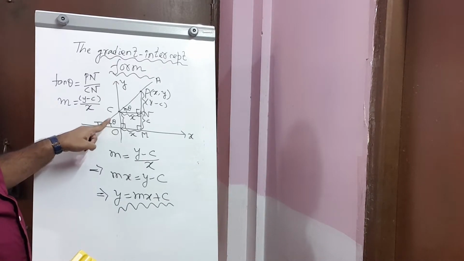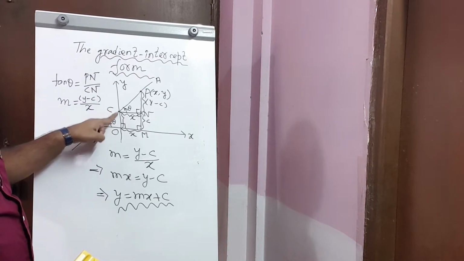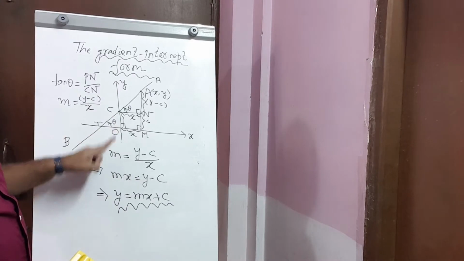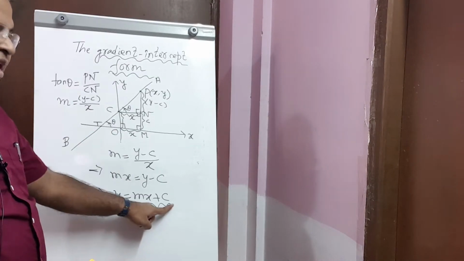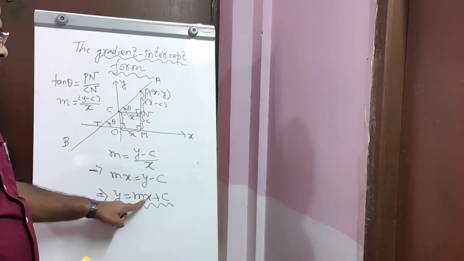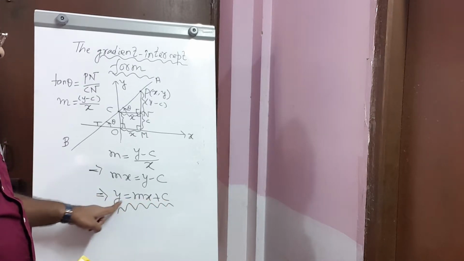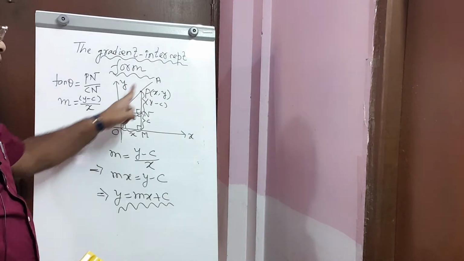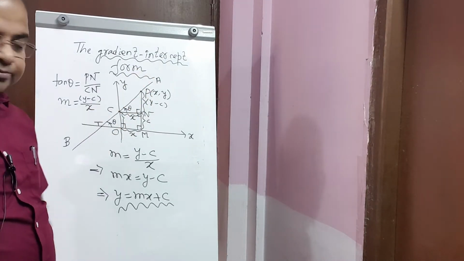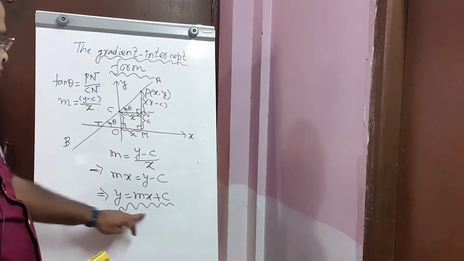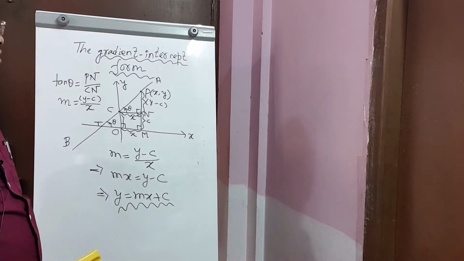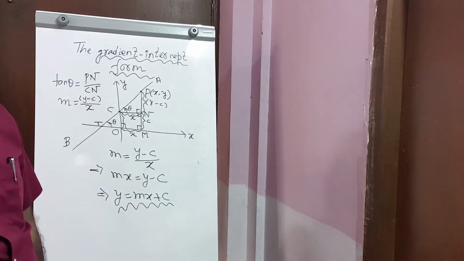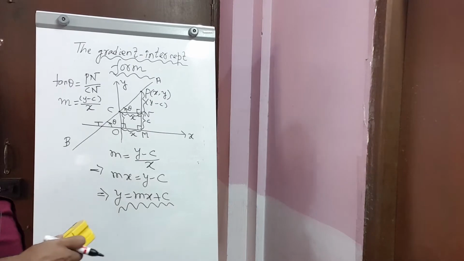If the y-intercept c is also known, we can find the equation of the line as y is equal to mx plus c, where x and y denote the coordinates of any point on the line. So this is our first form, known as the slope-intercept form or gradient-intercept form.